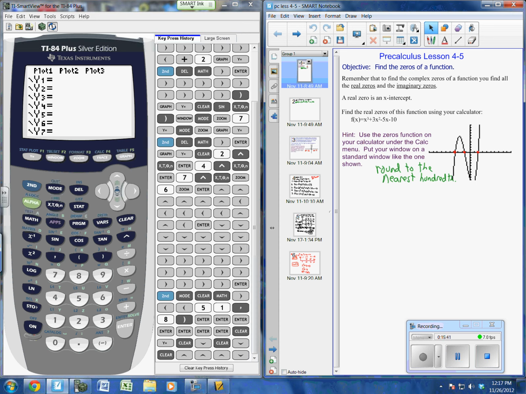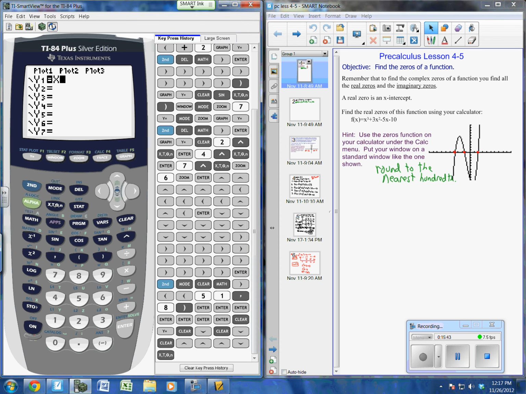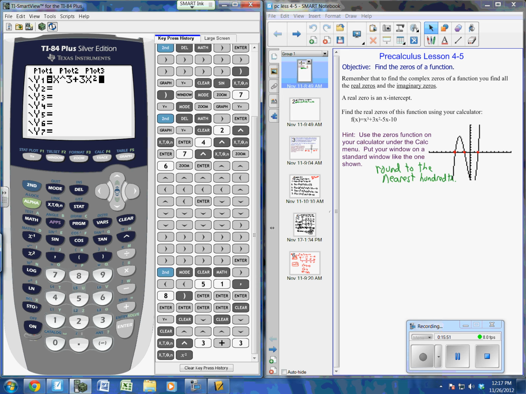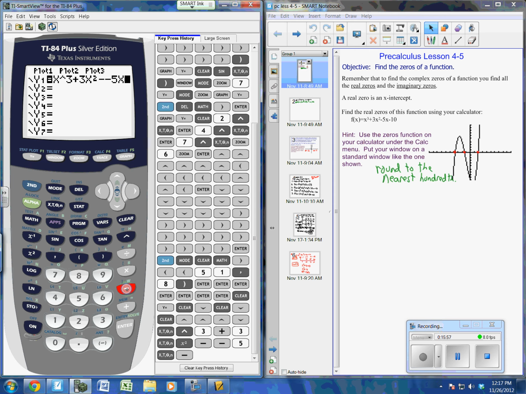So I'll put it in over here in case you didn't see it. X cubed plus 3x squared minus 5x. Is that what it says? Minus 5x minus 10.